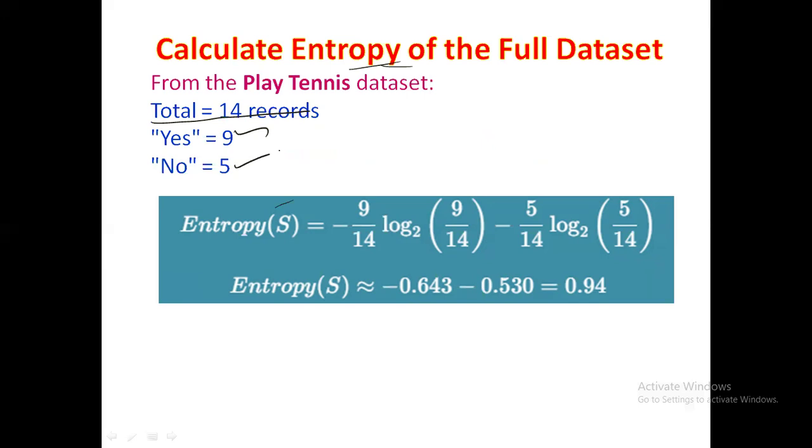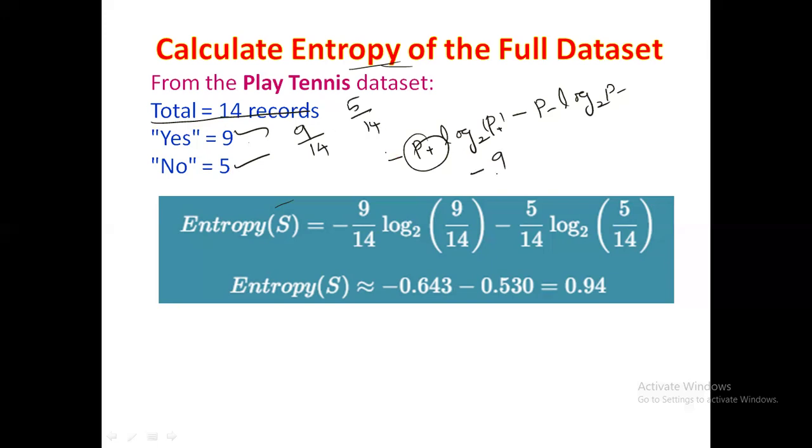For this, first we have to find out the entropy. The entropy is given by the formula: minus P plus log 2 P plus, and likewise, minus P minus log 2 P minus. For the 14 records, yes is only 9, and no is 5.